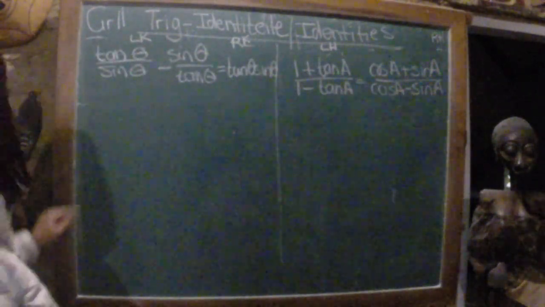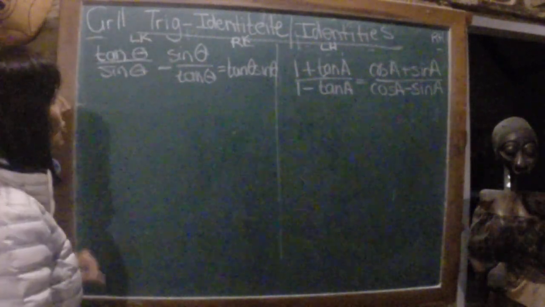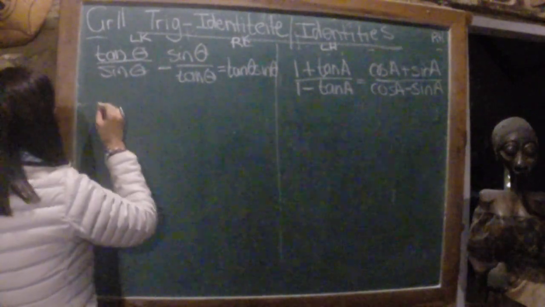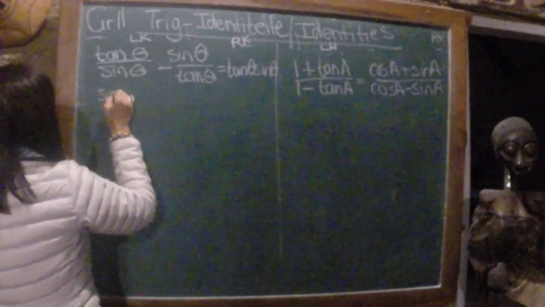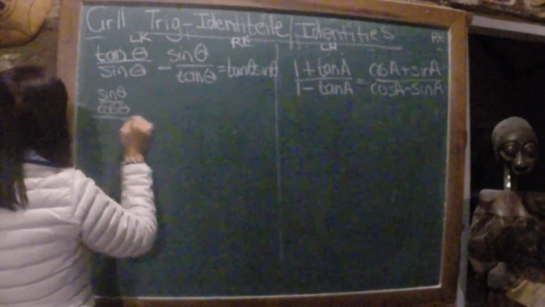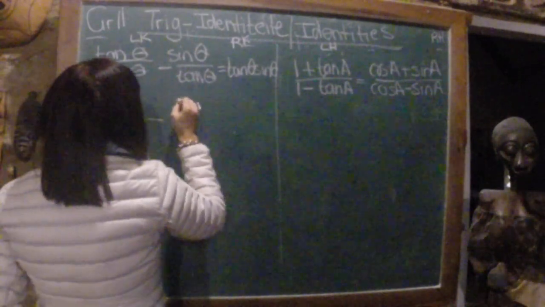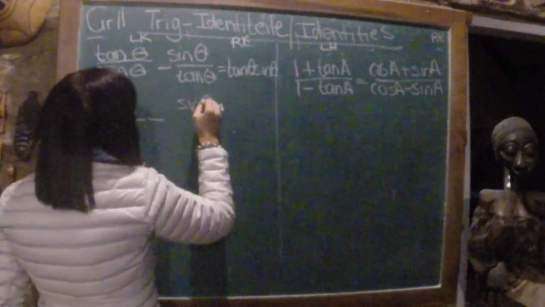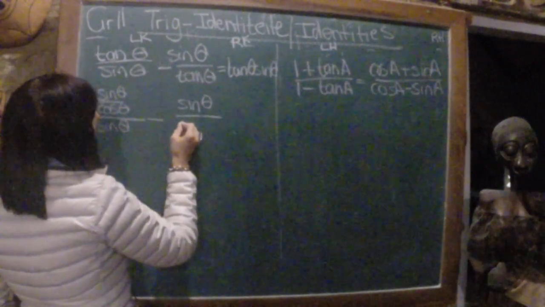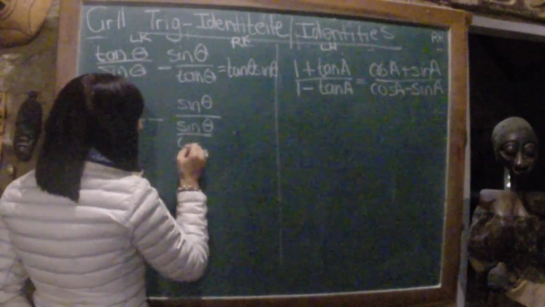So kom ons gaan kyk, ons sien dadelik 'n tan raak. Sien 2 tande raak. So kom ons gaan die linkerkant vervang ons die tande met sin theta op cos theta. Now we've got a fraction within a fraction. Again, this one as well. Sin theta on sin theta on cos theta.